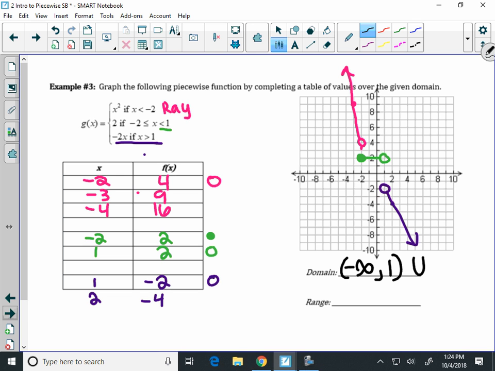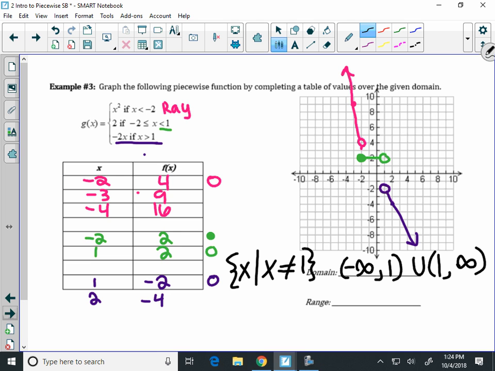Still at 1, right? There's an open dot from 1 to infinity. So your domain, if you want to think about it as set notation, is all the x's in the world, but not x equal 1. That's what the interval notation is saying. All the x's except 1.